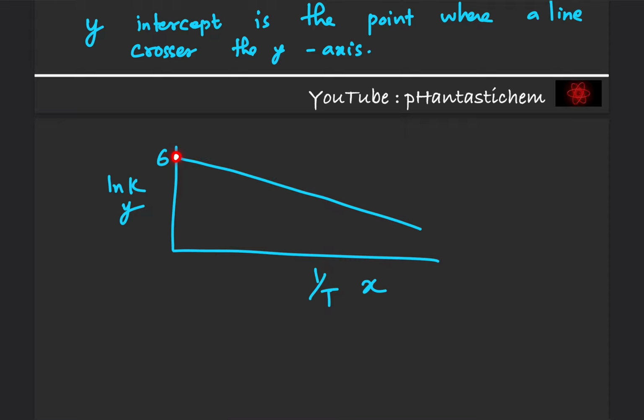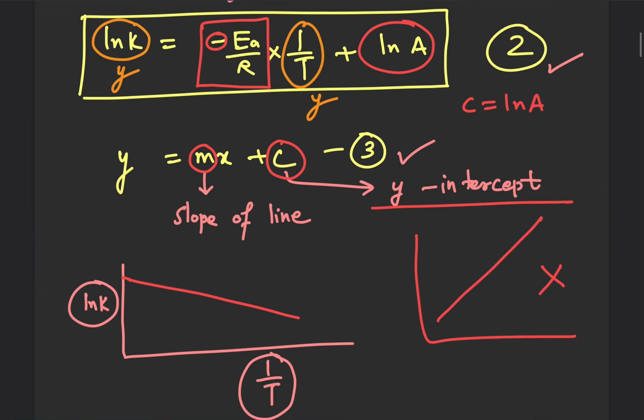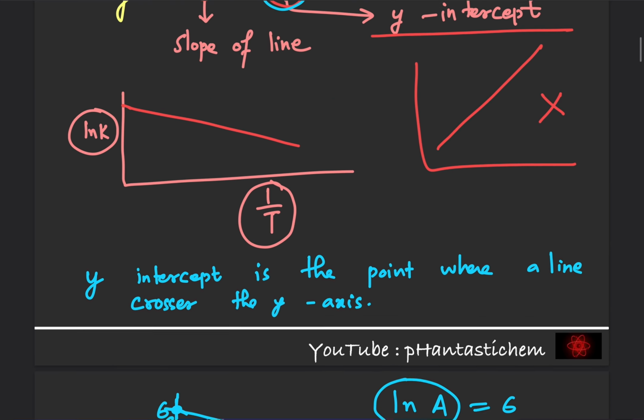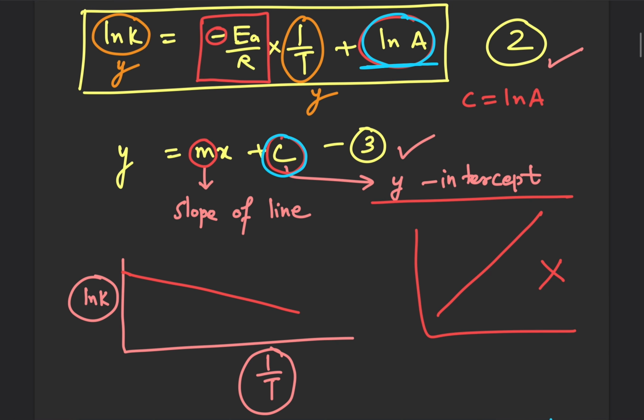You can see this is the point where the graph crosses our y-axis. So our c, or ln A, the y-intercept, is nothing but 6. That's why I've written ln A, or the intercept, is equal to 6, because when we compare them, ln A is nothing but c, which is the y-intercept.